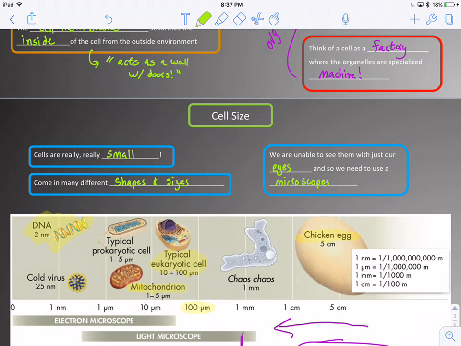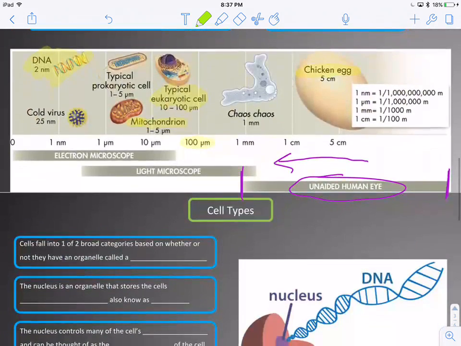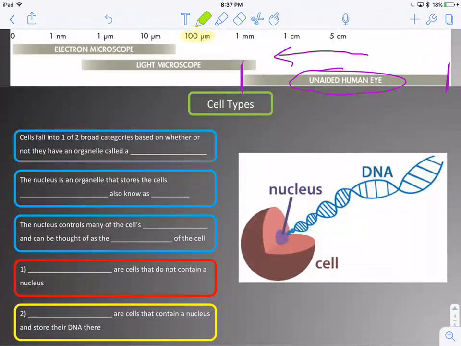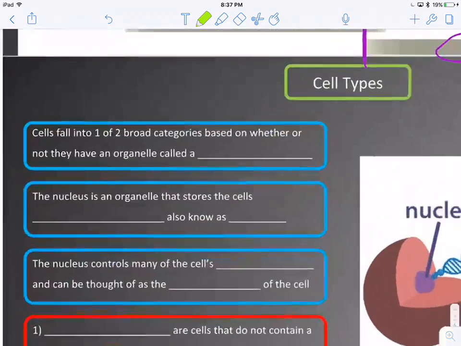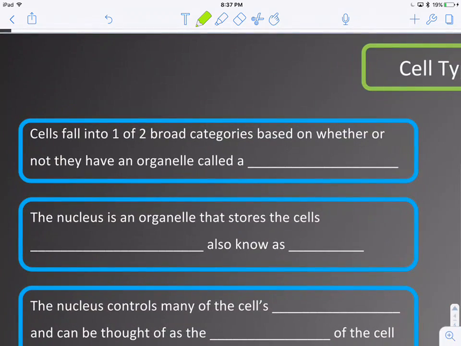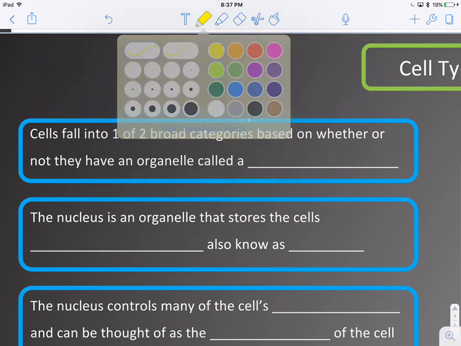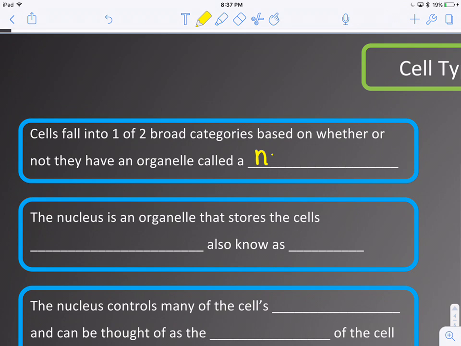And that's really cool. So there are two main cell types, and the way that we define these cell types is based on whether or not they have an organelle that we call a nucleus. A nucleus. Now you guys have probably heard of this term before, and that's because the nucleus is really important.